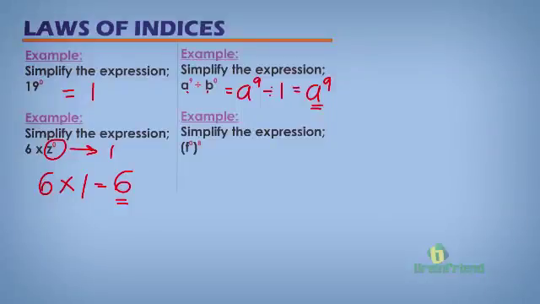F raised to power 0, all in brackets, raised to power 8. Remember the power law of index that we looked at earlier. In this case, we would have F raised to power 0 times 8. Of course, anything multiplied by 0 will give us 0 at the end of the day. So we would still have F raised to power 0, which of course we've seen to be equal to 1.